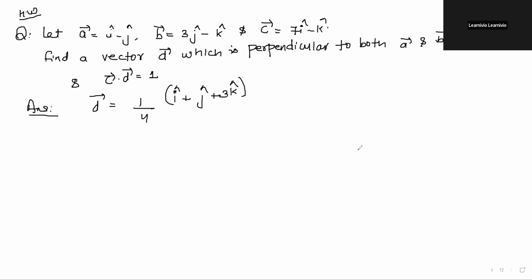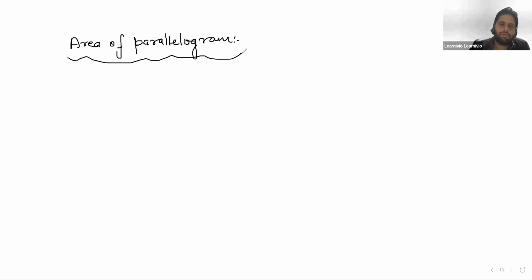Okay, great. Next is area of parallelogram. Okay, area of parallelogram. So we have this.